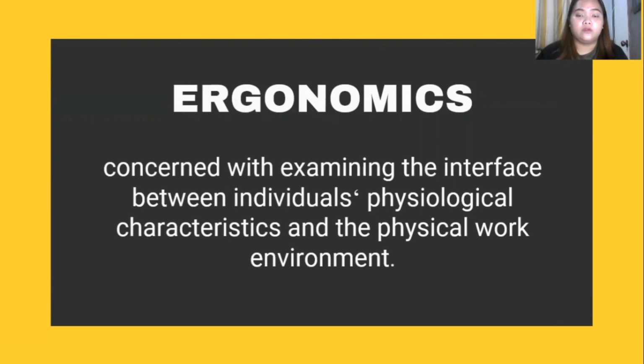The main focus of the biological approach is the physical capabilities and limitations of employees. They are concerned with outcomes such as physical fatigue, aches, pains, and also health complaints. They eliminate those problems so that the overall work conditions of the company will flow smoothly. So that is the biological approach.